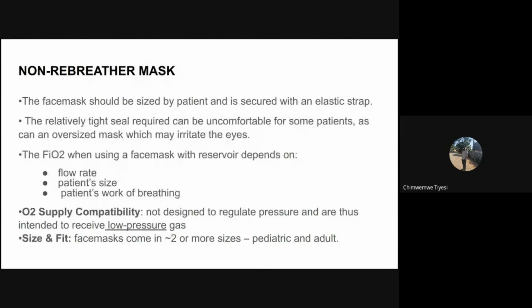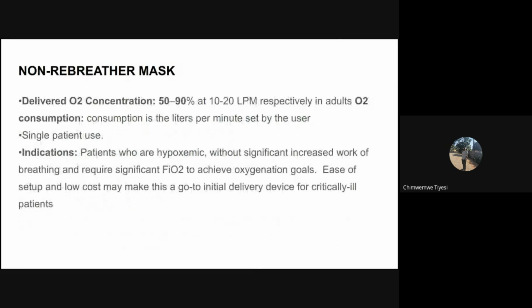These face masks come in two or more sizes, the pediatric and adult sizes. They can deliver up to 50 to 90% oxygen at 10 to 20 liters respectively in adults. Consumption is in liters per minute set by the user, also depending on the patient's condition. These masks are designed for single patient use.